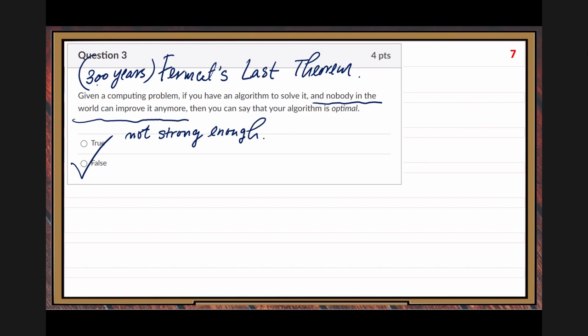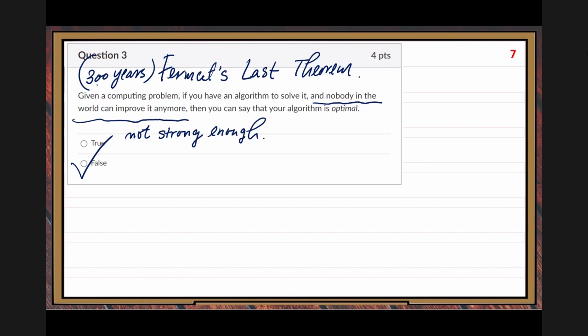Some hard problems need hundreds of years to solve. That means our future people can, in general, do better than us, because they can use all the theory that we developed. They continue the development with new theory. So it's not strong enough.